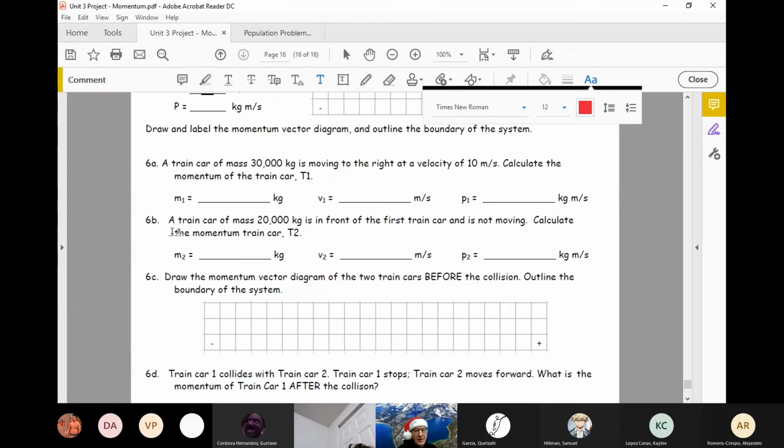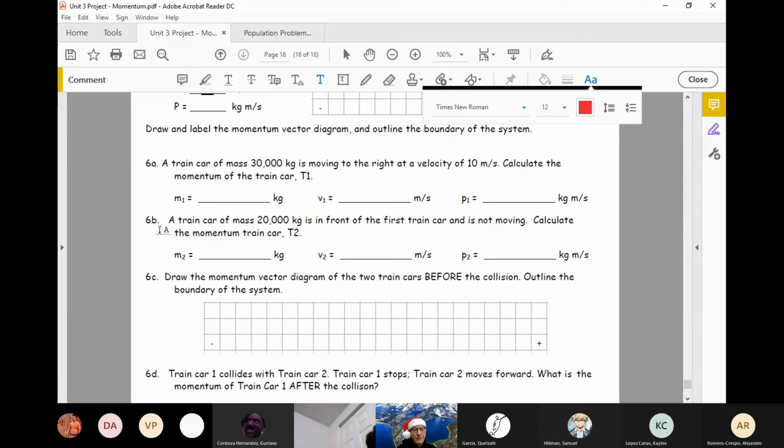In 6B, you find the momentum of another train, T2, which has its own mass, velocity, and momentum. Now, this problem is a little trickier than the one we just did with the collision of the Newton's cradle, because every ball on the Newton's cradle had the same mass, but that's not true for these two trains. So be careful on those.